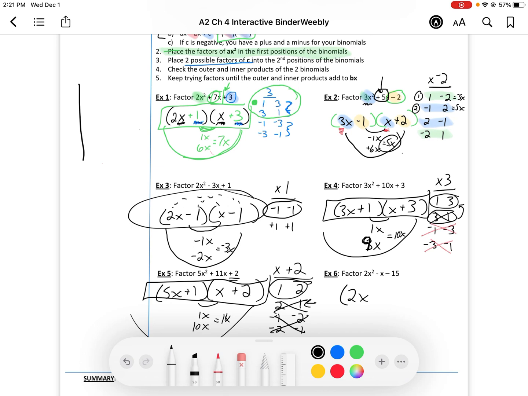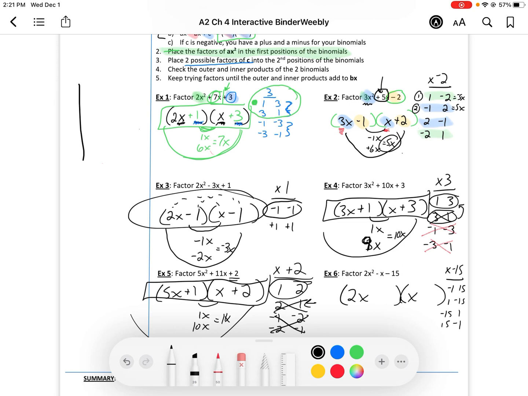All right, next one. Let's do 2x times x. That gets you 2x squared. How do I multiply to negative 15? Well, there's quite a few options here. Negative 1 and 15. 1 and negative 15. Negative 15 and positive 1.